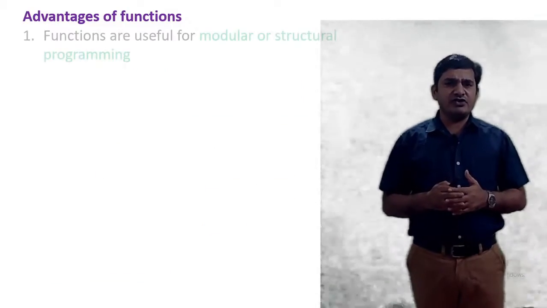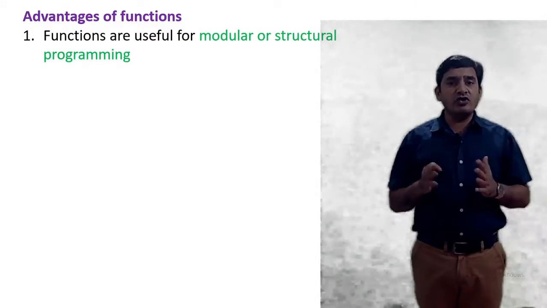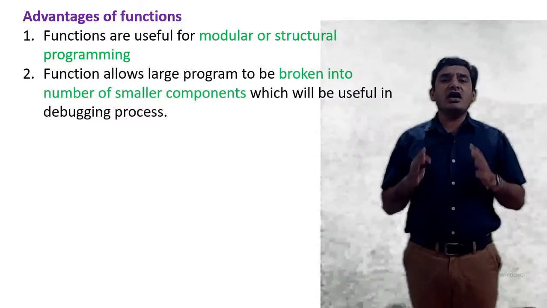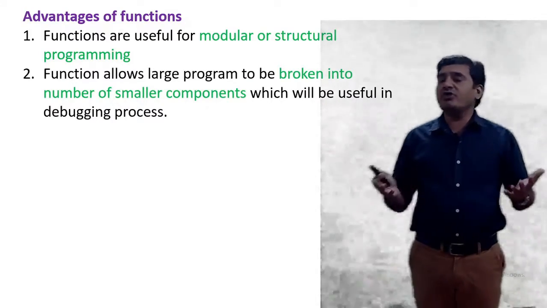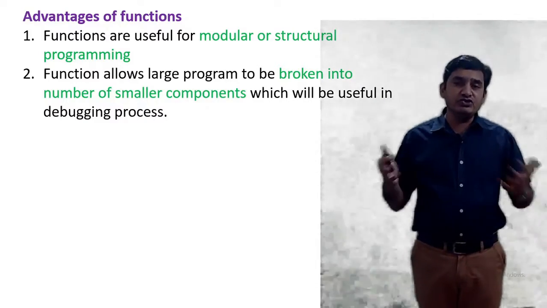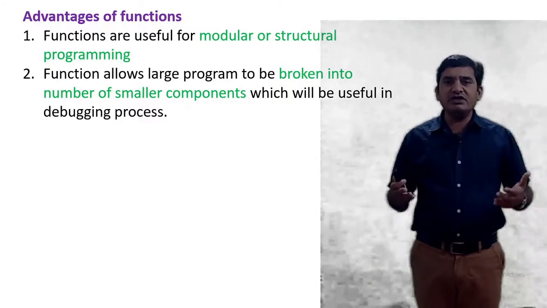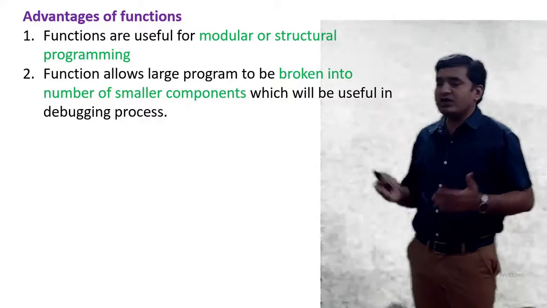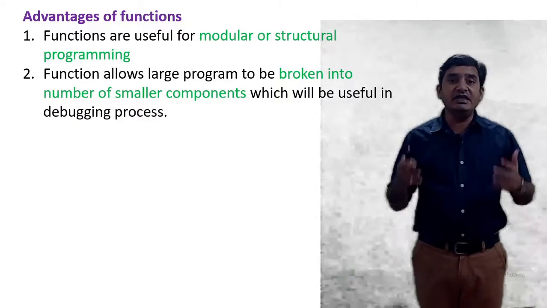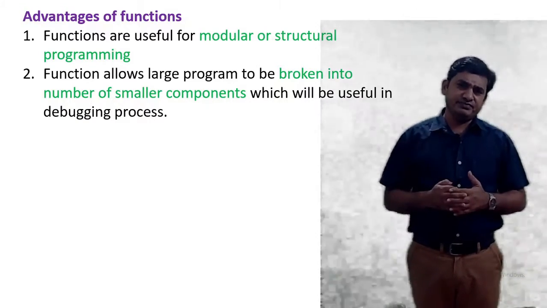Advantages of a function. Functions are useful for modular or structural programming. Functions allow a large program to be broken into a number of small components which will be useful in the debugging process. So the large program is broken into small sub programs so that we can easily debug that small program or function.